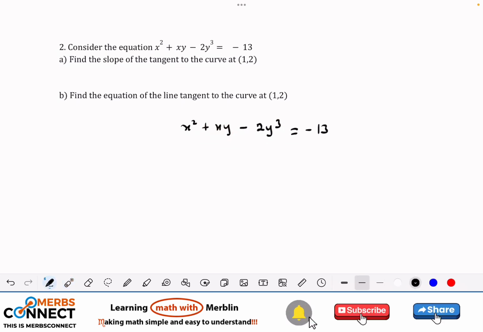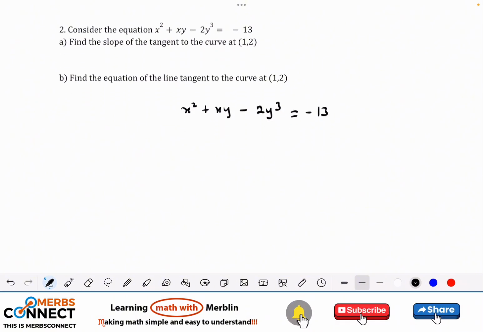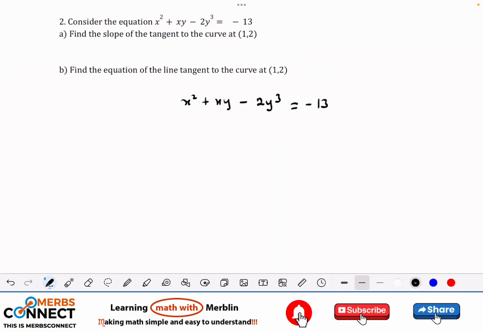So here we are going to apply the implicit differentiation, right? But don't forget, we are differentiating this with respect to x because we know that the slope is equal to dy over what? dx, right? So implicit differentiation, I'll just teach you here.